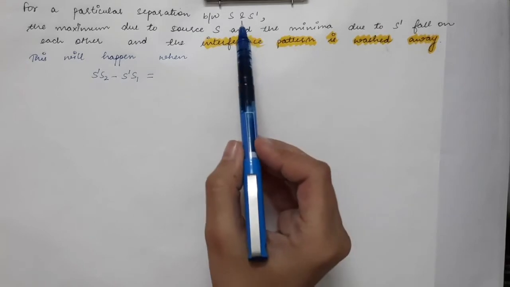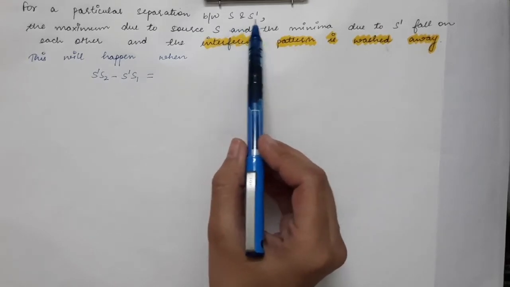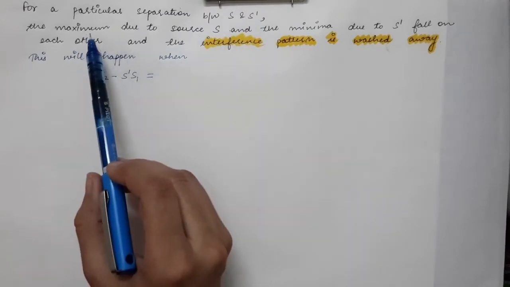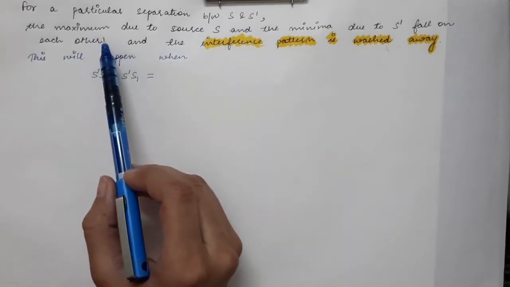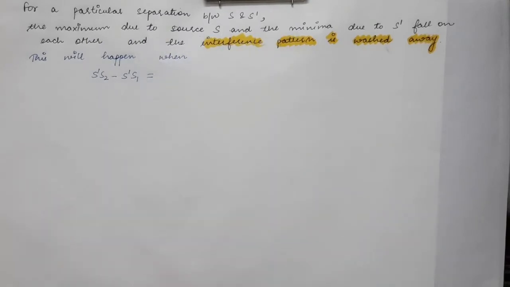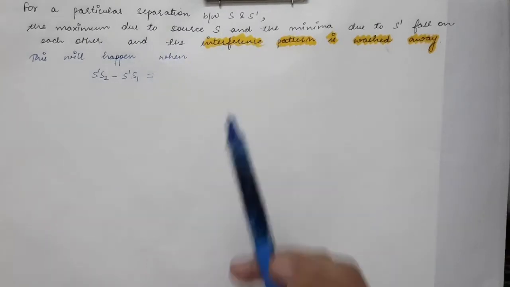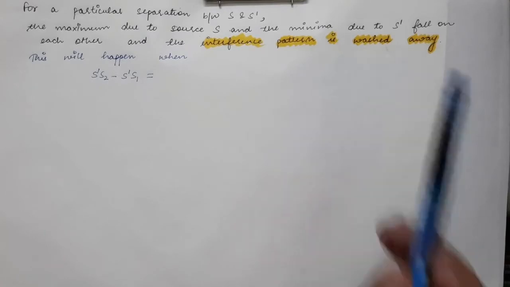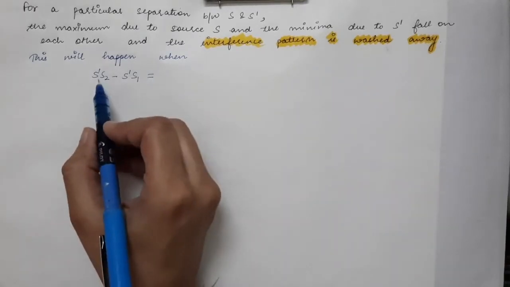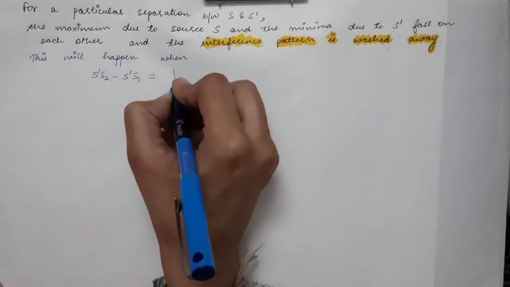So one particular distance between S and S prime can be achieved when the interference pattern will completely vanish, meaning the maxima of one will fall on the minima of the other. So the interference pattern is washed away in that situation, and that will happen when S prime S2 minus S prime S1 is equal to lambda by 2.